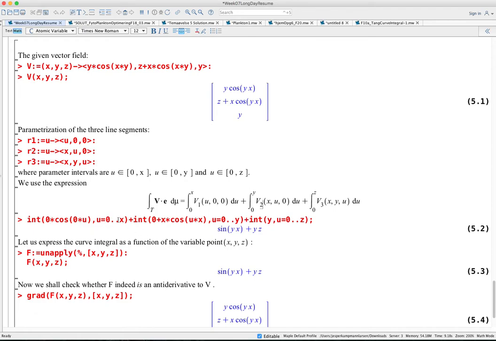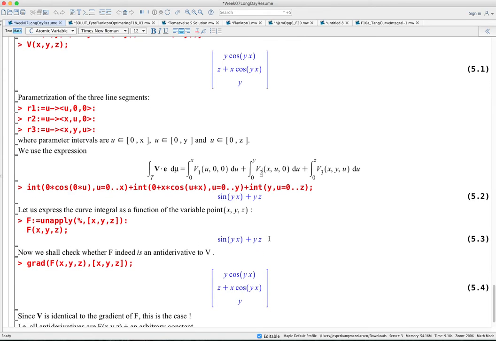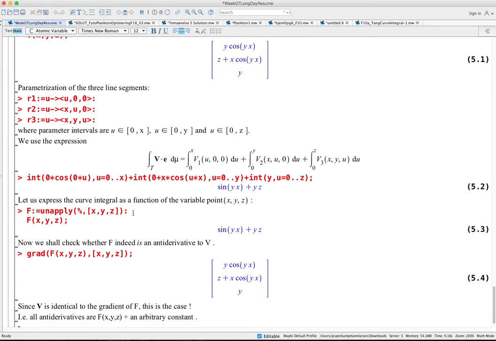You integrate that from 0 to x, and here you have z equal to 0, x equal to x, and y equal to u, and you integrate that from 0 to y, and for this you only get y, you integrate this, and this is the result of your computation. And then you turn it into a function by using the unapply command, and you have this capital F function of x, y, and z.